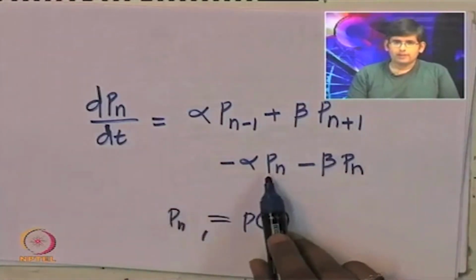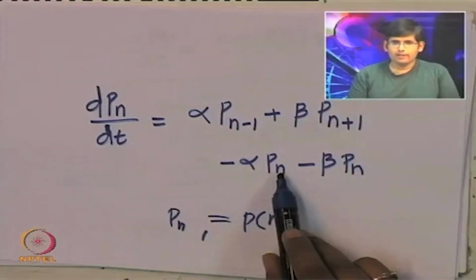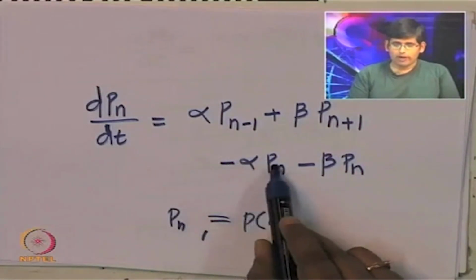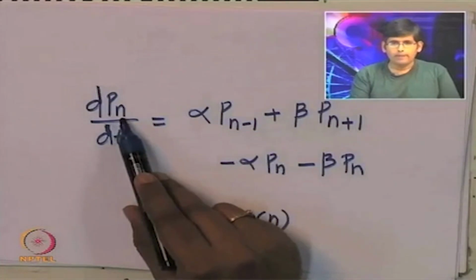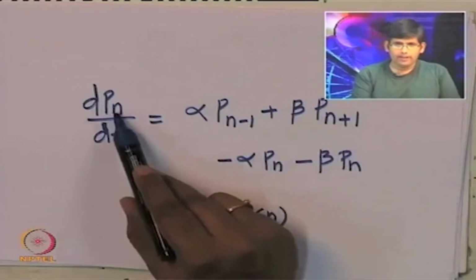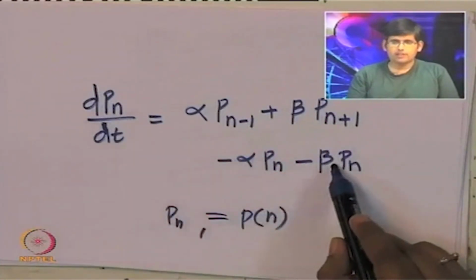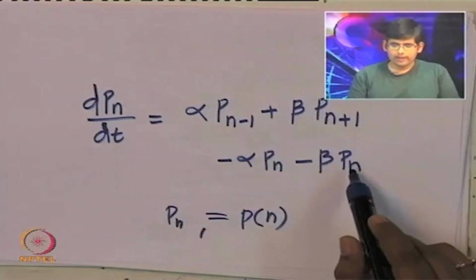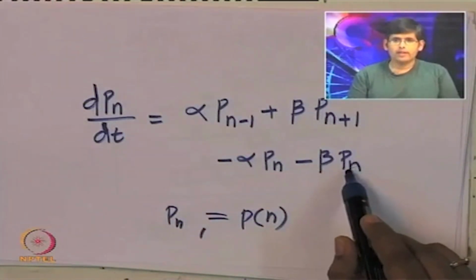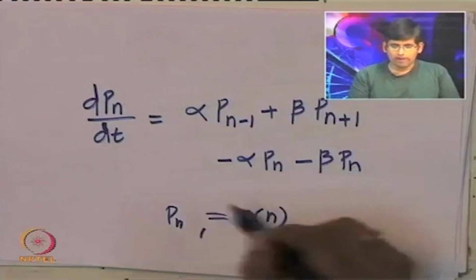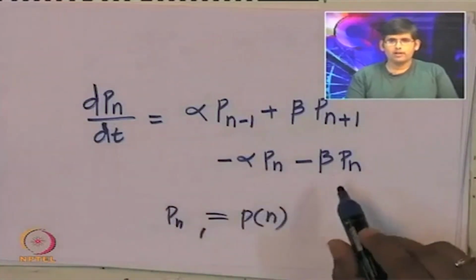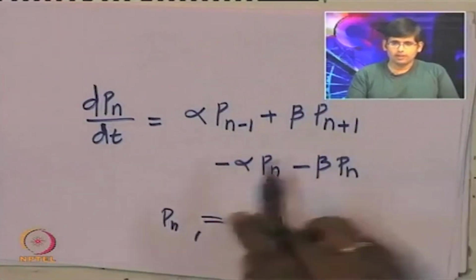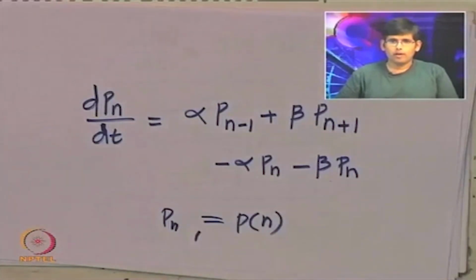If there are many filaments with n, they can polymerize and go to n plus 1. That means it can go away from Pn, so the Pn will decrease. If there is some fraction of filaments with n, it can also depolymerize and go away from Pn, so the Pn will decrease. So this is the master equation for polymerization, depolymerization of filaments.